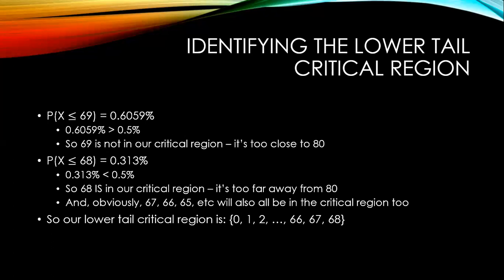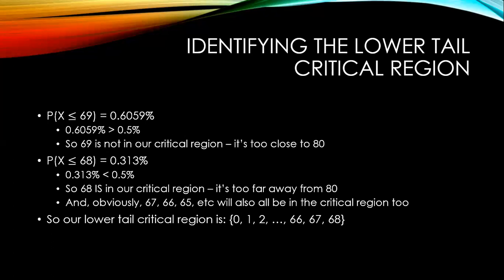As I was saying before, in 2-tail tests you normally have two parts of the critical region: the lower tail critical region and the upper tail critical region. In a 1-tail test, you don't have 2 critical regions, you only have 1. So if you're doing a lower tail 1-tail test, you only have the lower tail critical region. If you're doing an upper tail 1-tail test, you only have the upper tail critical region.